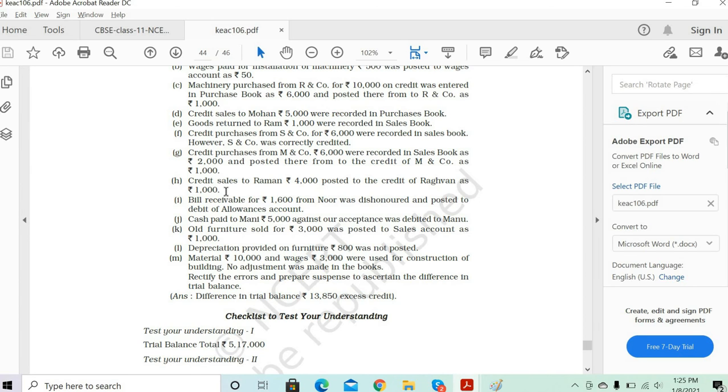Tanisha, meaning here is basically, see, you had to debit around 4000 rupees from Raman's account, right? Yes.